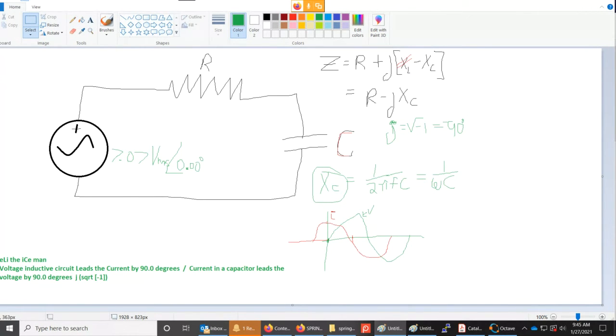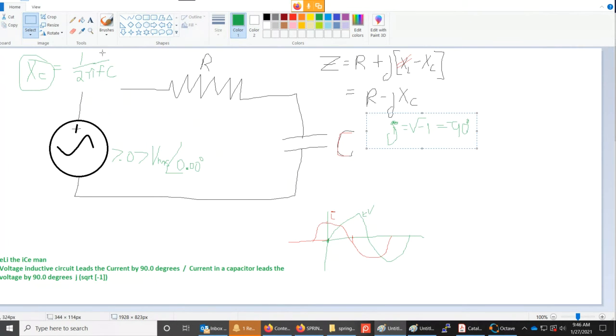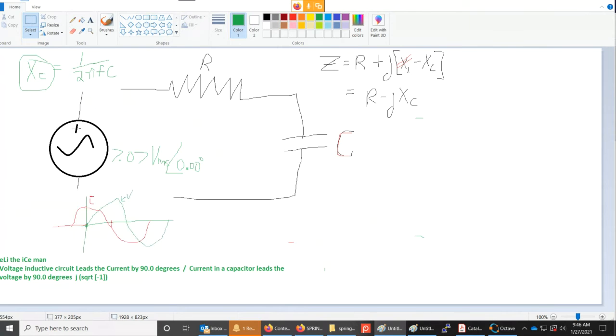Using Ohm's law, the current is voltage divided by the impedance.